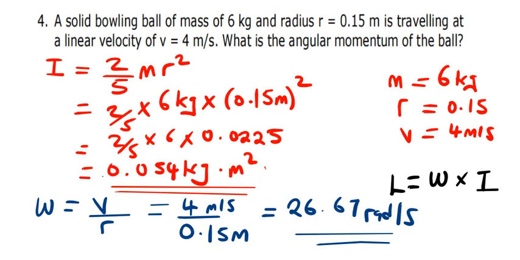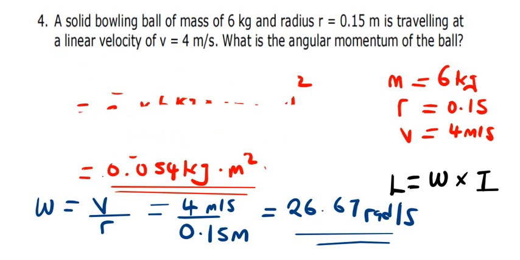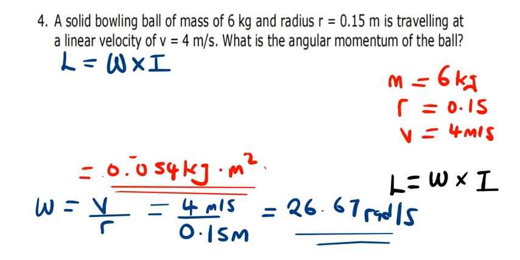Now that we have everything, we can find the angular momentum. We said angular momentum is equal to our angular velocity multiplied by the moment of inertia.